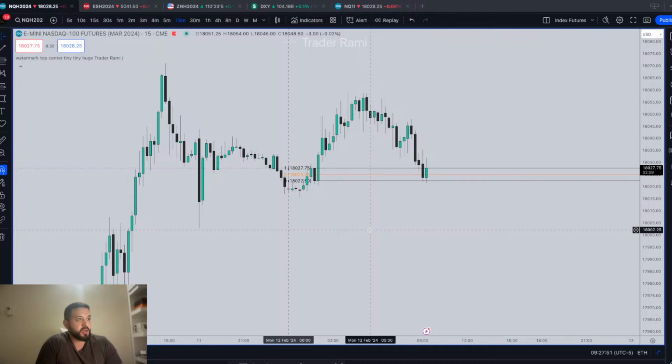I want to time when those nice and easy price runs are going to take place in order for me to take a position which is low risk, maximizing the amount of profit I could potentially make while minimizing drawdown and enabling me to take the biggest lot size with the lowest risk, essentially. That gives me the ability to have a tight stop loss and just enjoy a nice and easy price run.